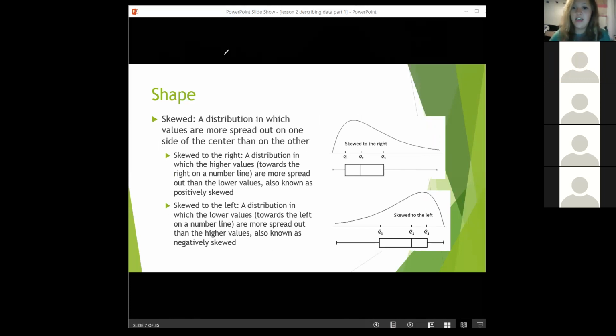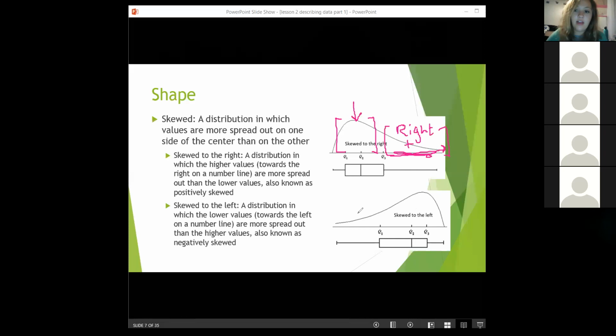As you can see here for skewed to the right, on the left side the values are really close together, but on the right side they're much more spread out. That's why this is skewed to the right. We also call that positively skewed because this is the positive side of the graph.